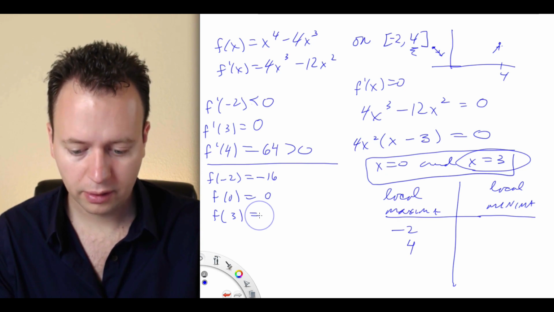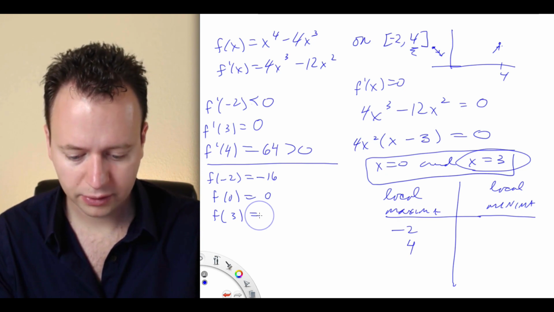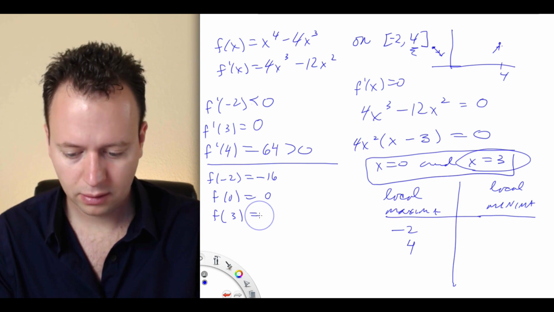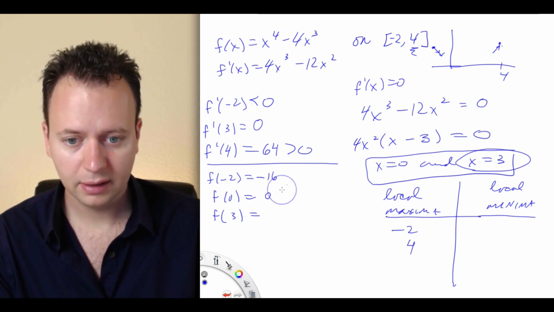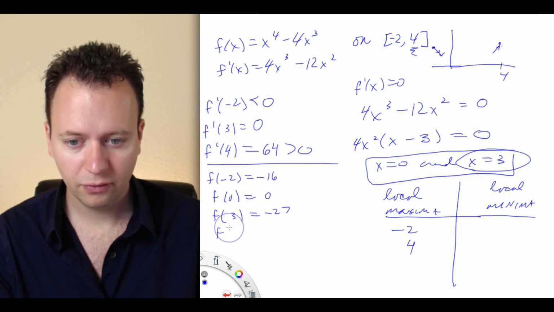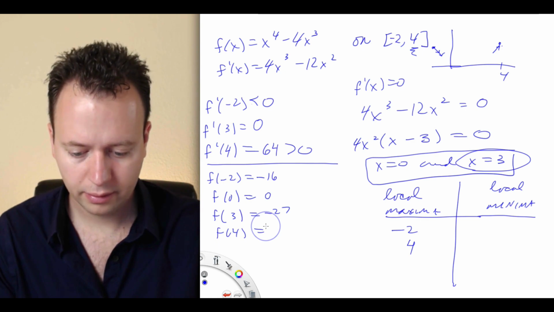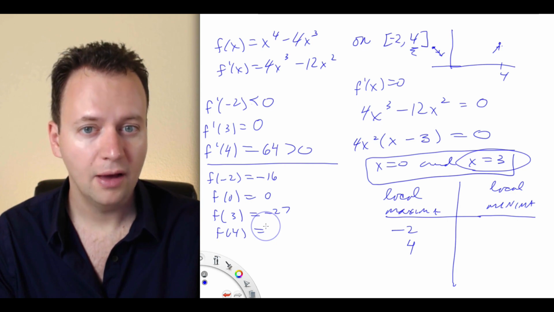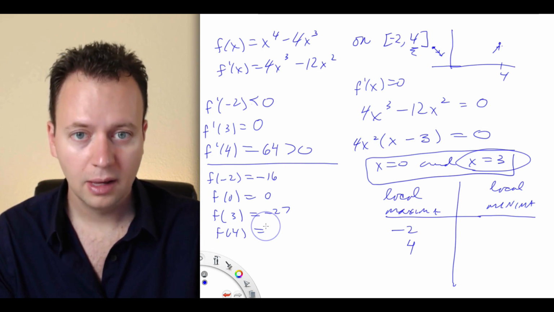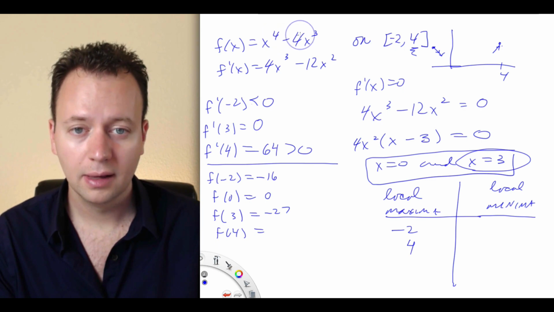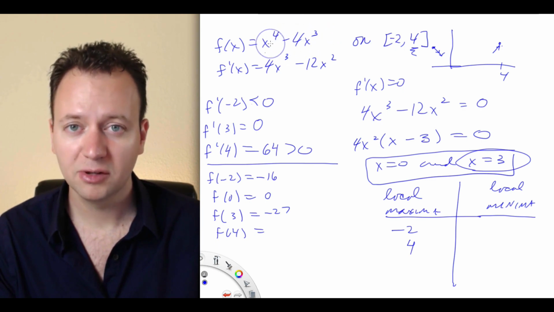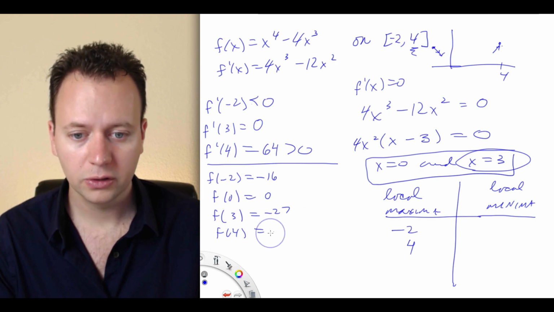3 to the 4th is 81 minus 4 times 3 cubed is negative 27. Negative 27, and f of 4, 4 to the 4 minus 4 times 4 cubed, is just going to equal 0, because it's the same as 4 to the 4th minus 4 to the 4th, which is going to be 0.